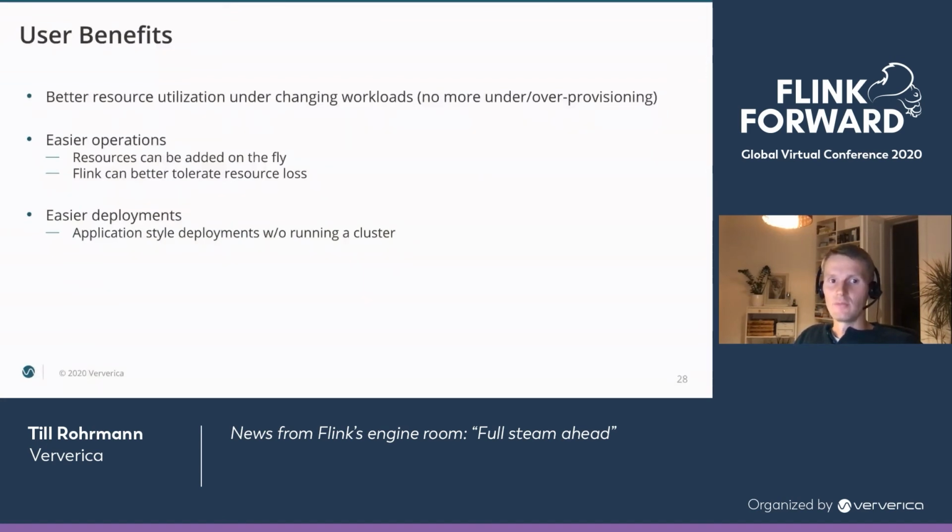By being able to add resources on the fly to a cluster and let Flink make use of it, as well as tolerating disappearance of task managers, I think we also will improve or ease operations. And with the reactive mode, I think we get a step further towards more of an application-style deployment, where you can deploy or run a Flink job as simple as starting a process on your machine.